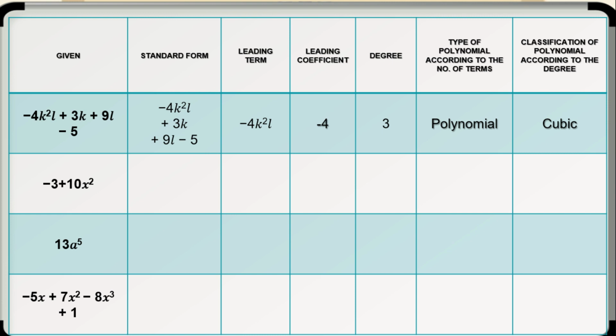The degree is 3. The type of polynomial according to the number of terms is polynomial, and the classification of polynomial according to degree is cubic. You will be given 3 minutes to finish the remaining 3 items. Your 3 minutes start now.